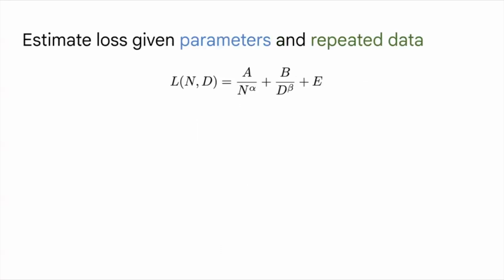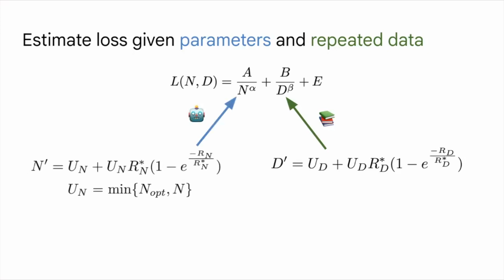All right, and now we come back to Chinchilla, and we plug in the equation that we just saw to replace the D in Chinchilla. So this is our estimate of the value of D in the repeated scenario. And we do the same for N. So we also replace N with a symmetric version of this equation, just for parameters.